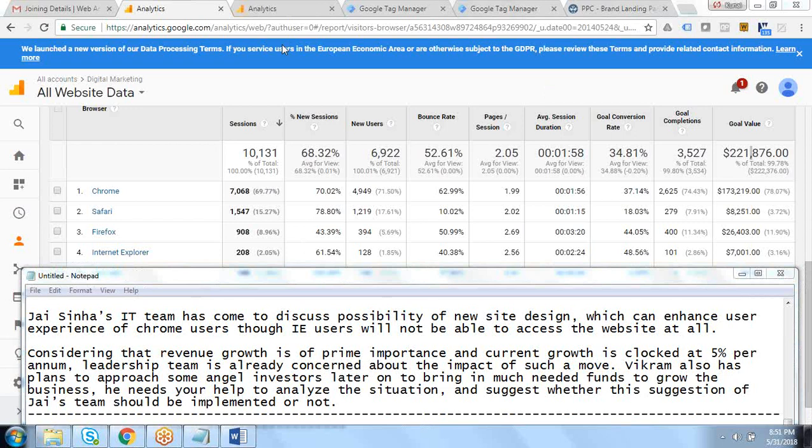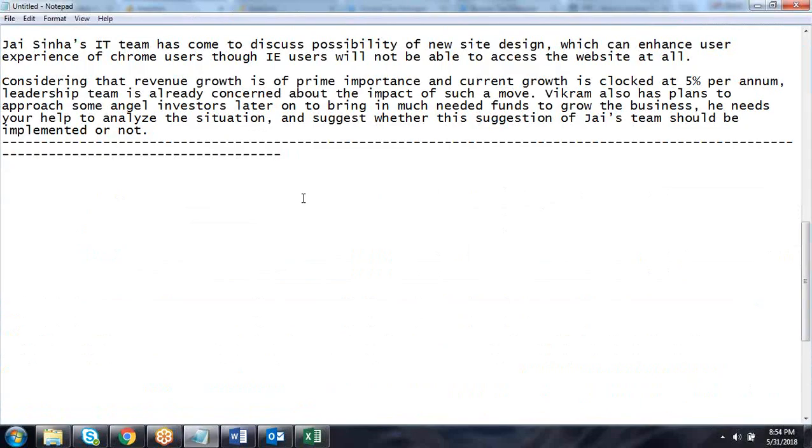But before we take help from Excel, let's create some hypothesis.